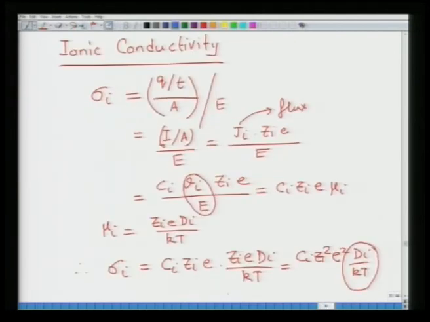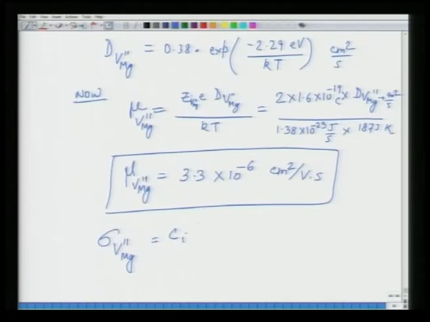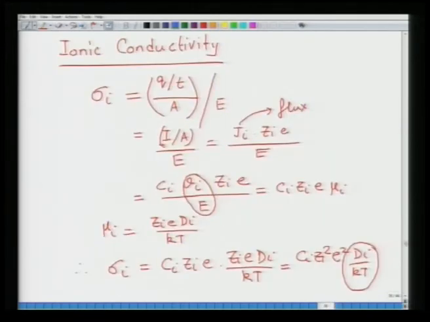Okay, so sigma was Ci Zi square e square Di by kT. Here we made one mistake in the ionic conductivity.